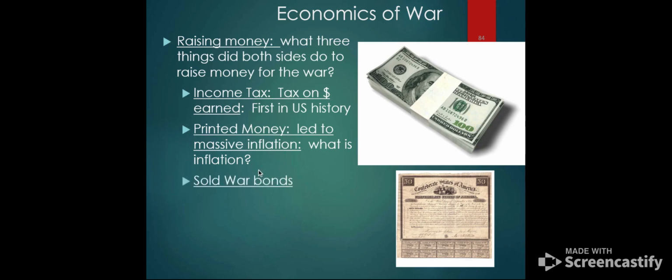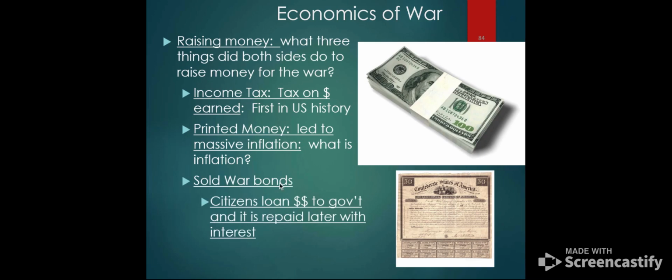The final way both sides raised some money was by selling war bonds. A war bond, in very, very simple terms, is a loan. A war bond is when a citizen loans money to the government and it's repaid later with interest. The way this would work, I want to be patriotic and I want to lend money to the Northern government to help win the war. So I would go to a bank and I buy a $5 bond.